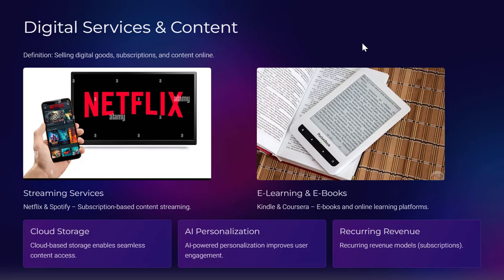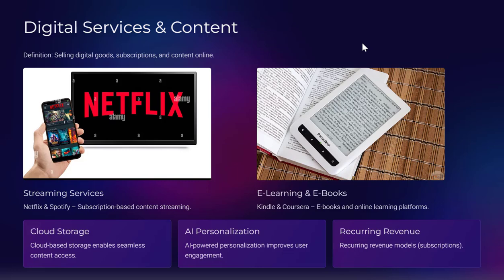We also look at another form, besides B2B and B2C: the digital service provider. The third type or category of e-commerce here is the digital service provider. Digital services and content refer to selling digital goods, subscriptions, and online content.